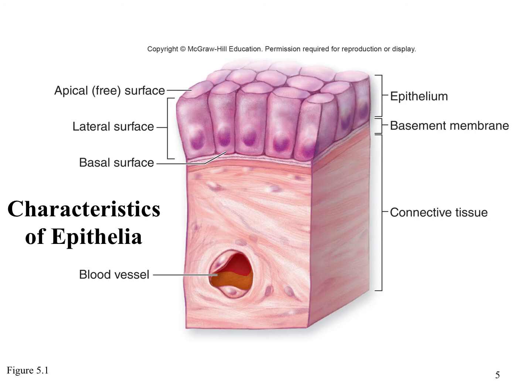So notice that epithelial tissue does not have blood vessels. Epithelial tissue is what we call avascular. It does not have blood vessels in it. So the materials that the epithelium needs have to diffuse to and from the blood vessel through the connective tissue.